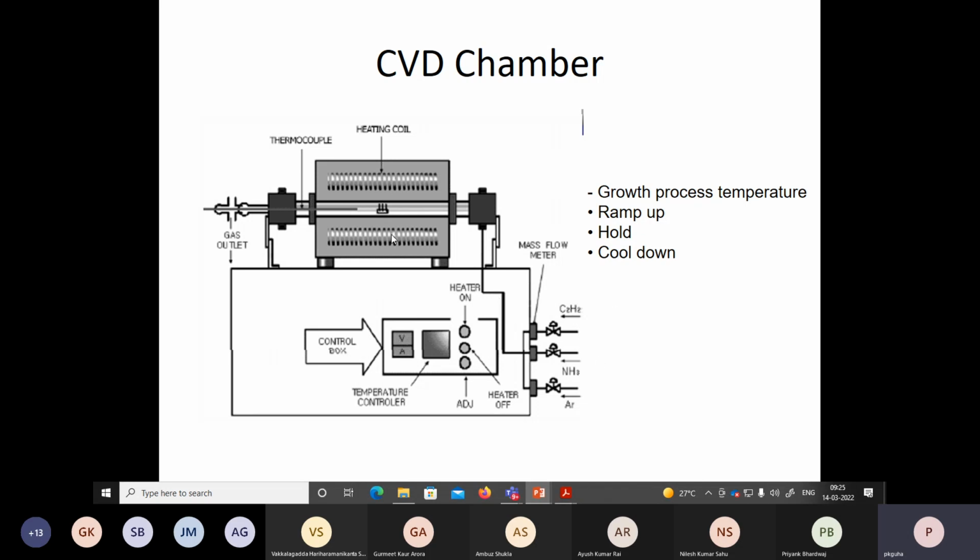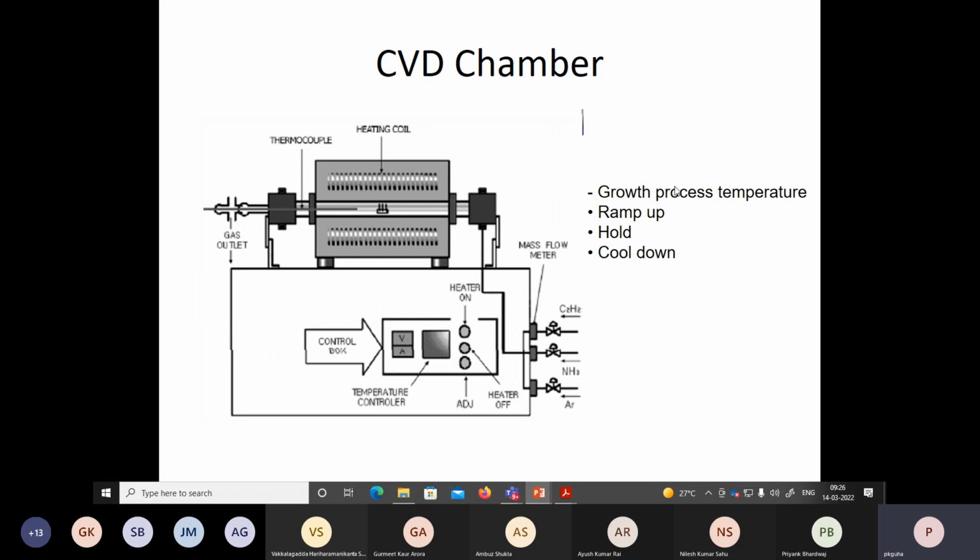So at high temperature C2H2 dissociates, and the carbon particles basically push those small nano islands upward to form carbon nanotubes. And there are ways you can keep those iron, nickel or cobalt nanoparticles on top of the carbon nanotube, or you can remove them. There are ways to remove them.